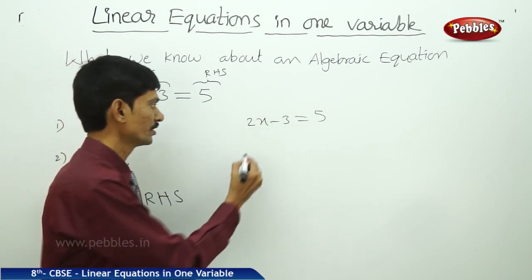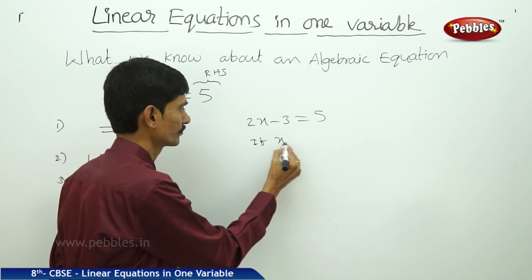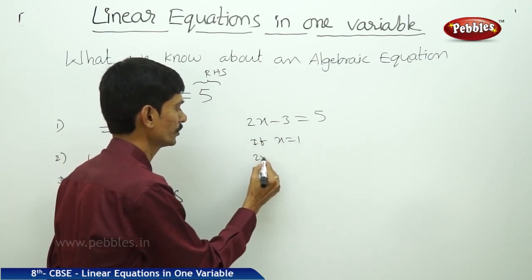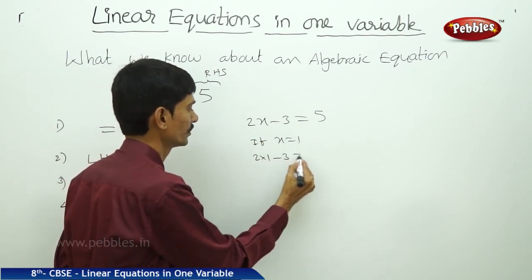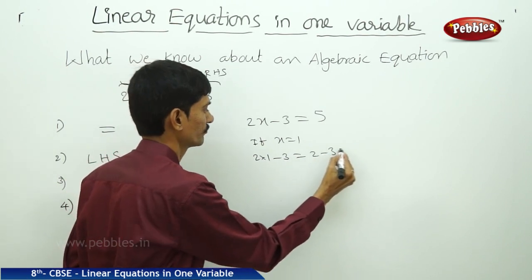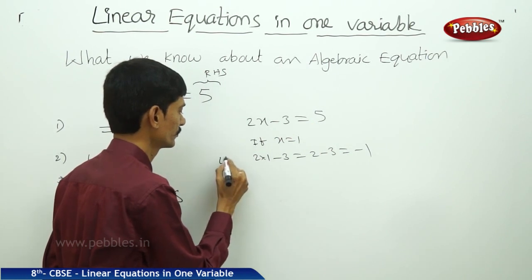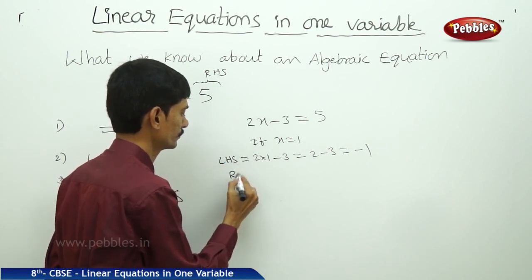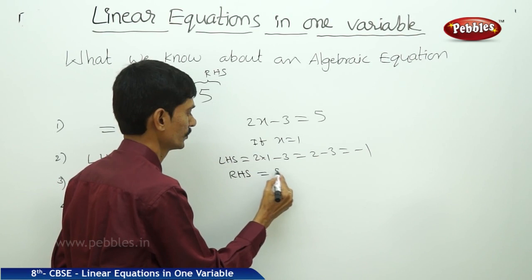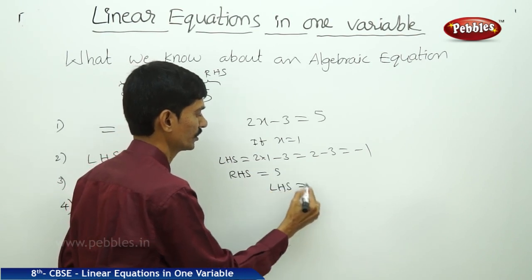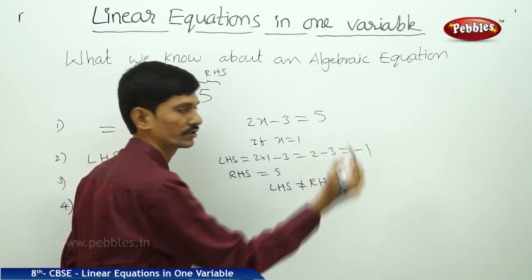Let us substitute. If x equals 1, now 2 into 1 minus 3 equals 2 minus 3, which is equal to minus 1. Whereas RHS is 5. Means LHS is not equal to RHS.